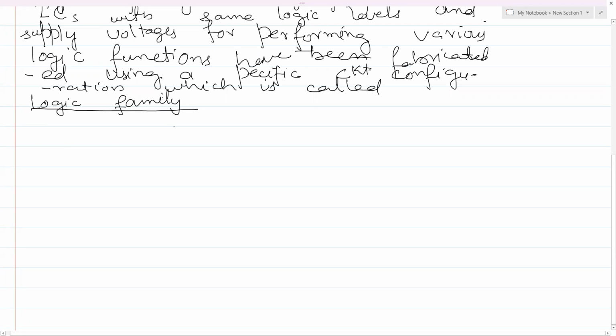Next, we will see the classification of logic family. So the heading is classification of logic family.